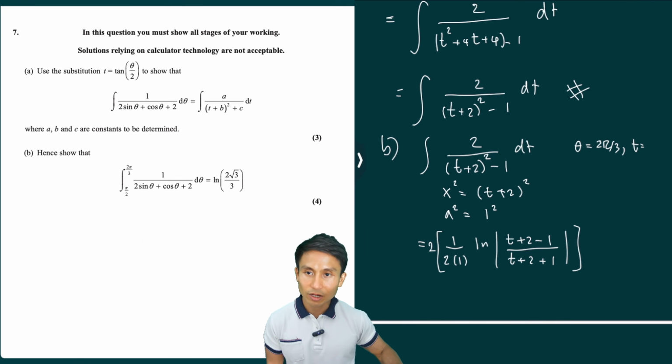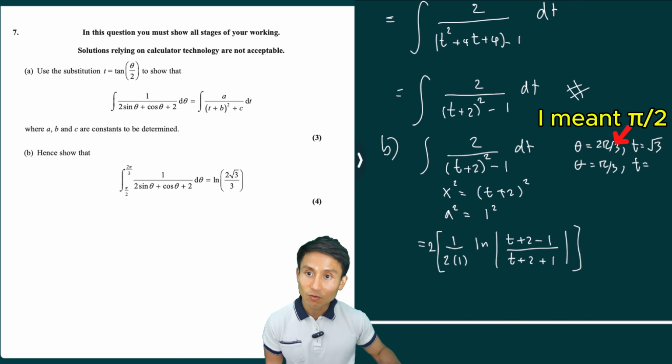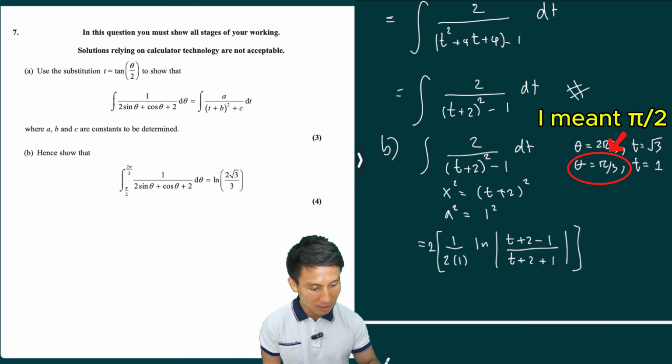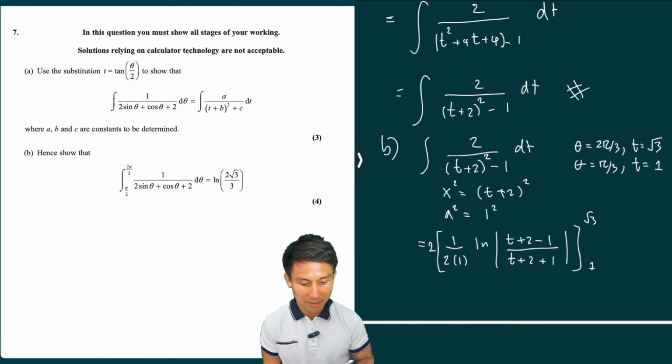So 2 pi over 3 plugging in here, divided by 2, you get pi over 3. tan pi over 3 would be root 3. And then if theta equals the lower limit, pi over 3, t will be equal to, well, tan pi over 6 is 1 over root 3... so the limits will be 1 and root 3 here, right?